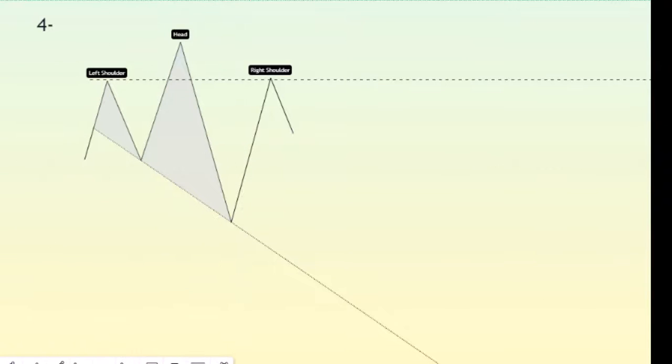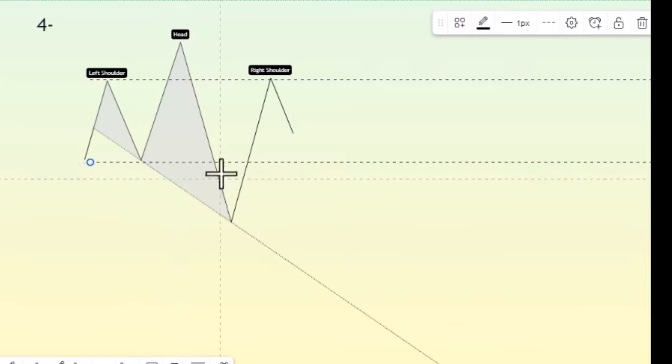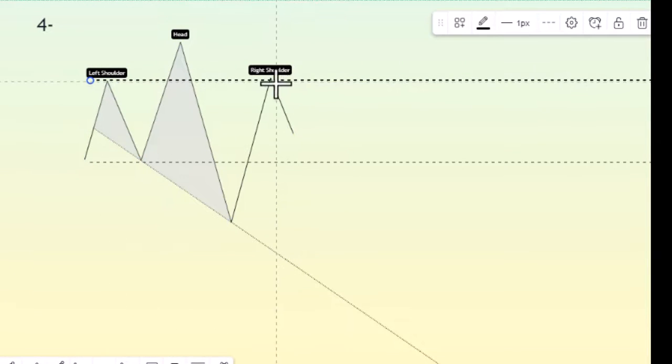I mean here, let me show you. After this level breaks and we have a stop hunt here, we can wait until price retraces to the left shoulder area. You can put a line here and enter there.